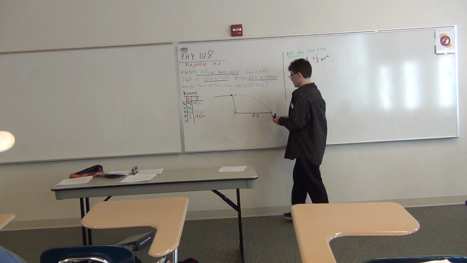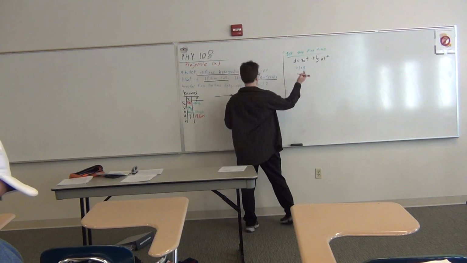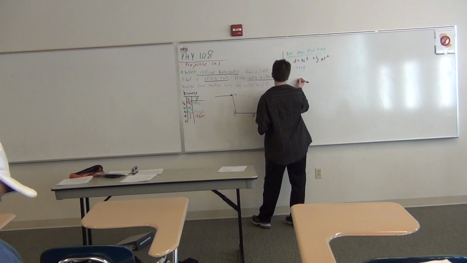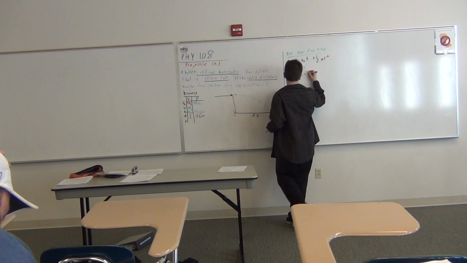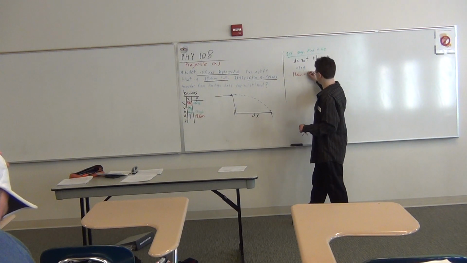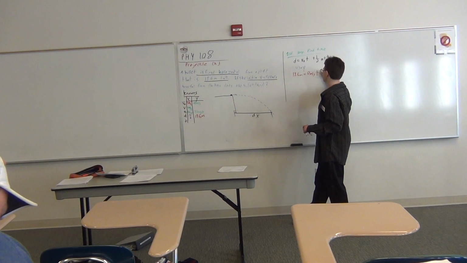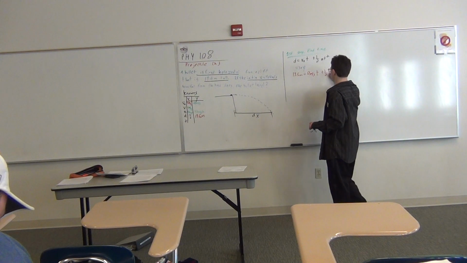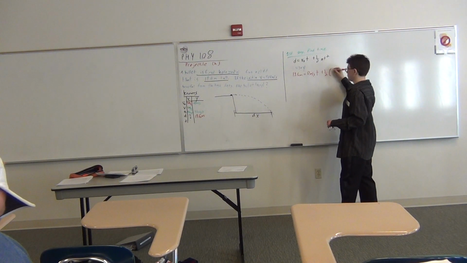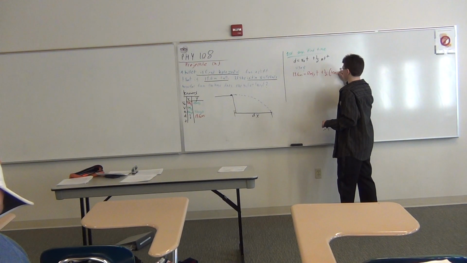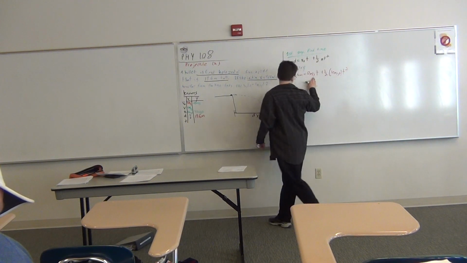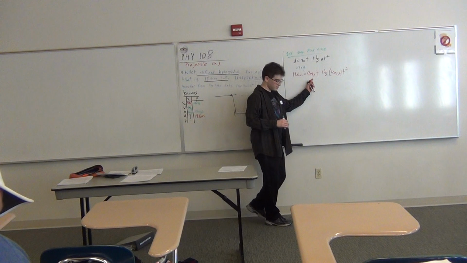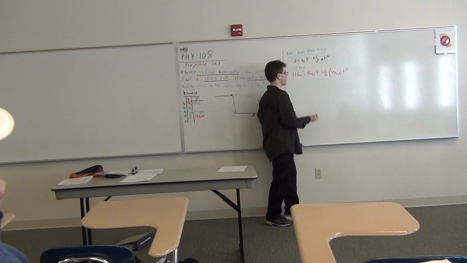So if we use this equation, we plug in our distance, 19.6. V naught, 0 meters per second, times time, plus 1/2 times 10 meters per second squared, times time squared. What happens to the first part? 0.